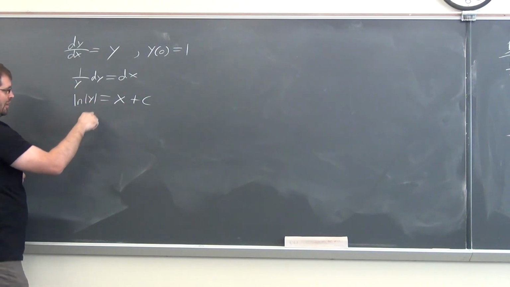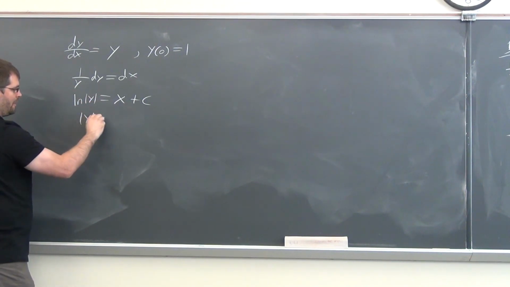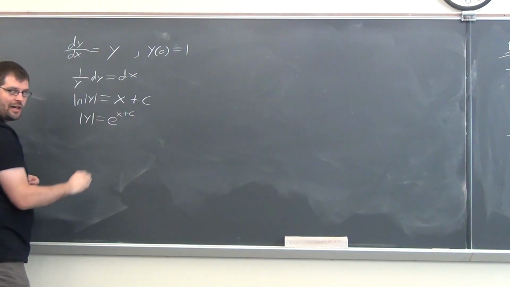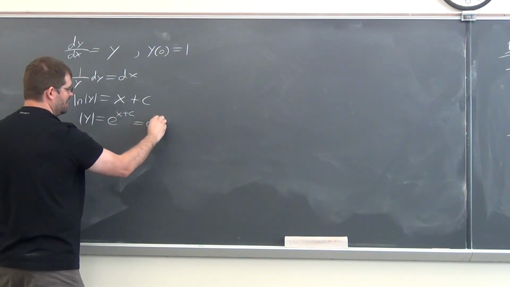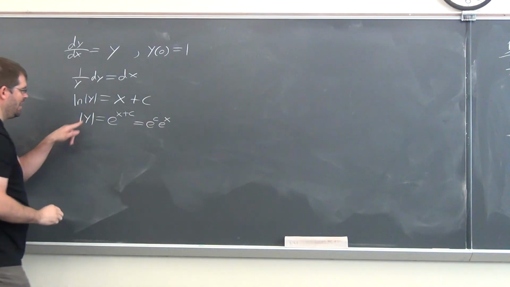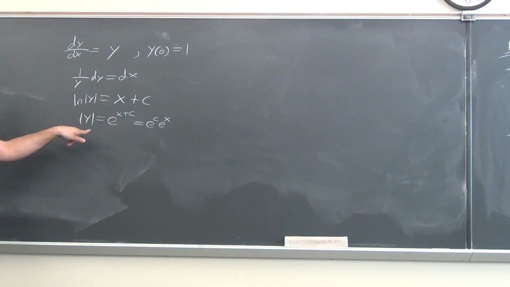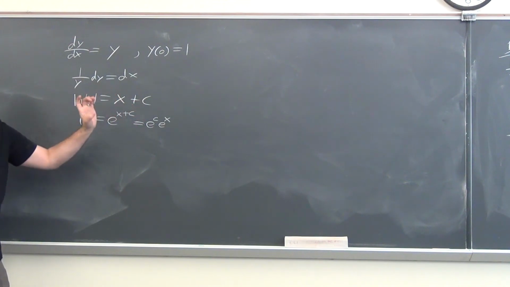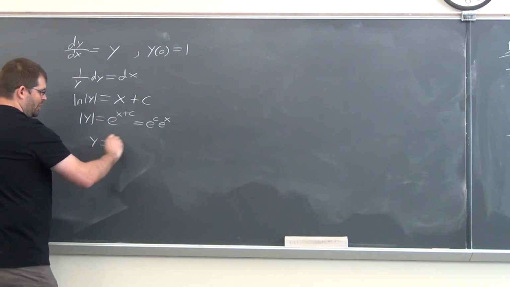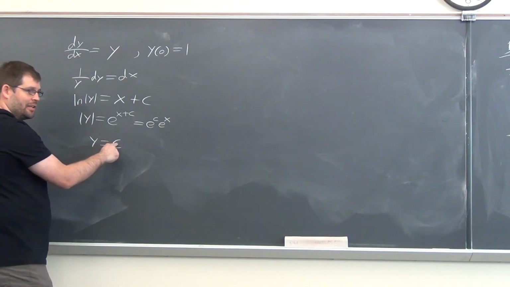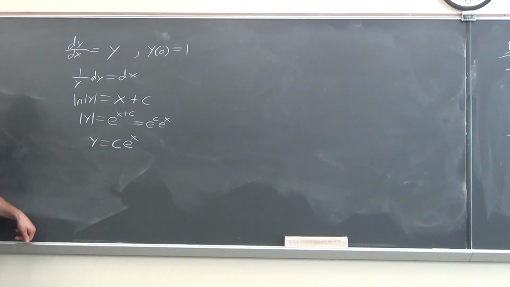You can e to both sides, and you get that. This side you can rewrite as e to the c times e to the x. And then we can technically drop the absolute value if we replace e to the c with c. Because e to the c is always positive, if you replace it with something that now can be negative, then you're done.